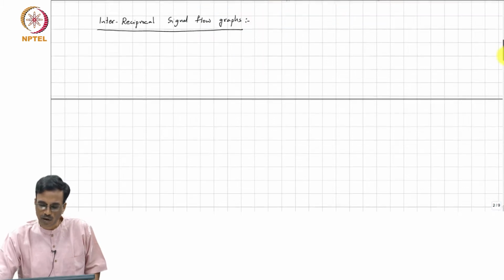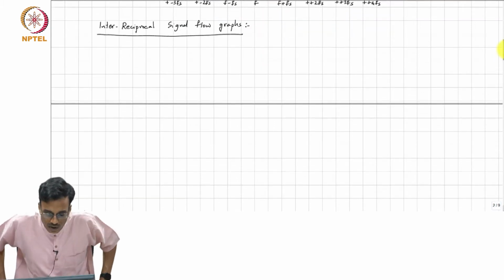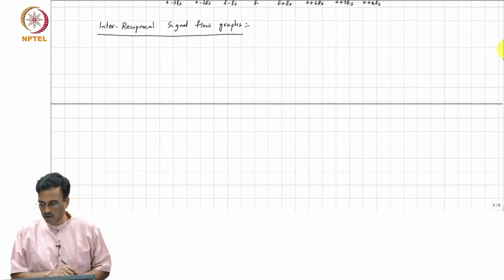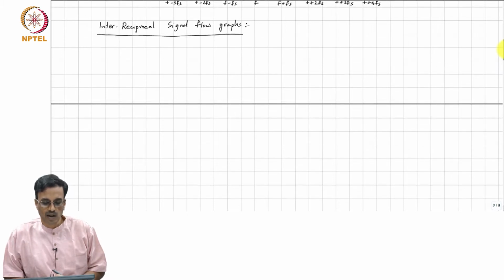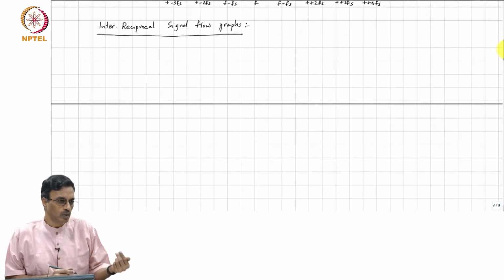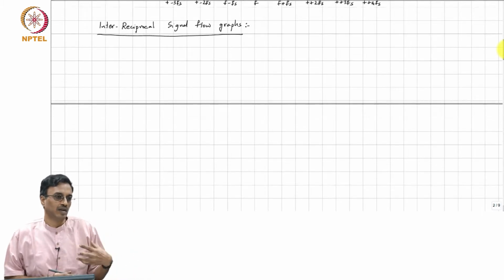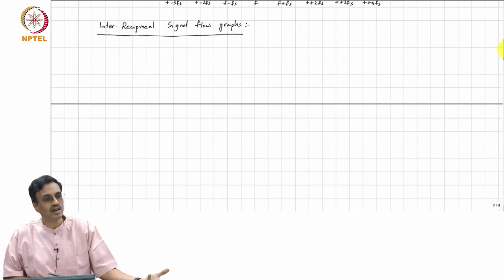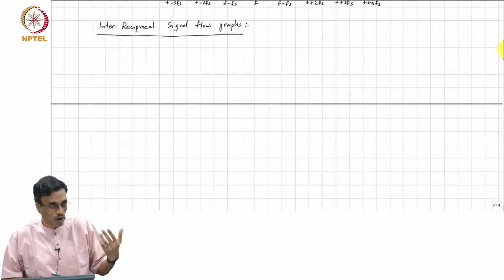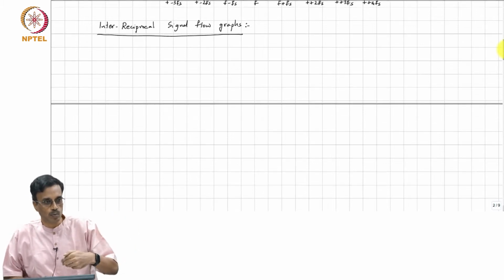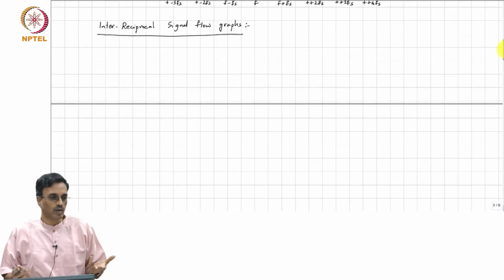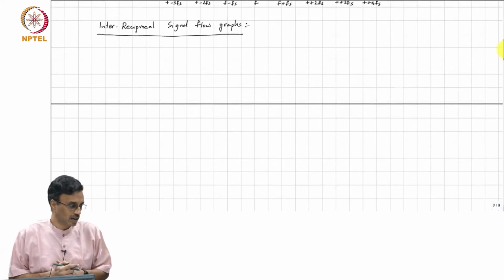A lot of times, when we are working with these networks, you often encounter signal flow graphs, and just like how in a network it is useful to understand reciprocity because it allows us to find multiple transfer functions at the same time, or transfer functions from multiple frequencies to the same output frequency in one shot, likewise the same thing happens with signal flow graphs.